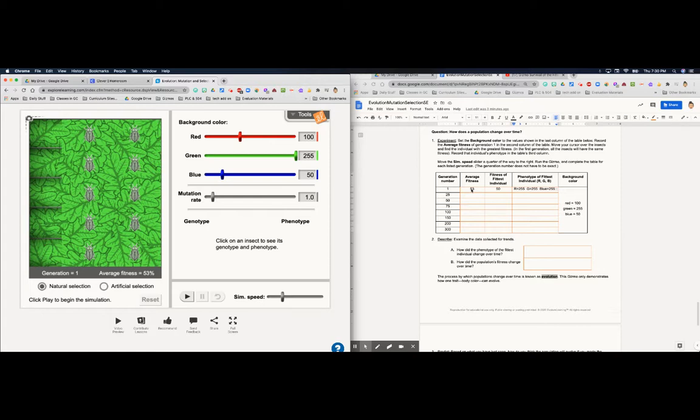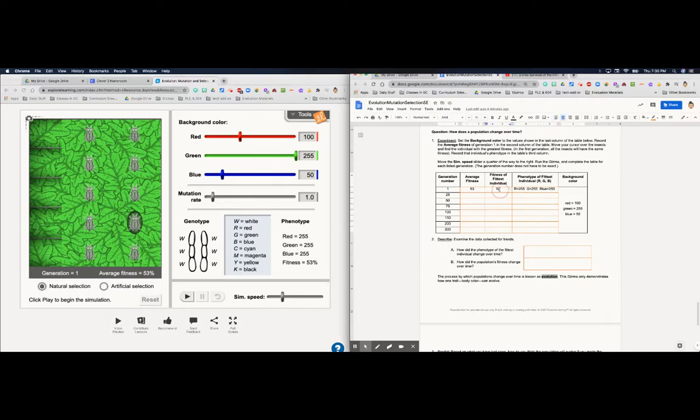In the first generation, all the insects have the same fitness. Record that individual's phenotype, so that would be its color, in the table's third column. So I clicked on one of these organisms, and the fitness is 53.